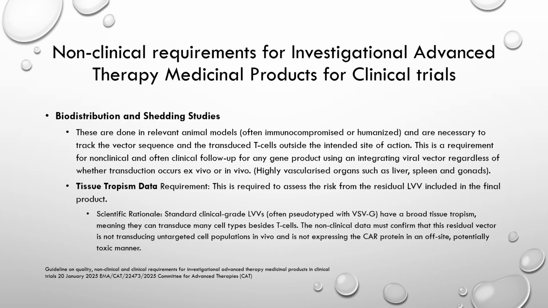The VSVG envelope means that they can infect any other organs, and you therefore need to design your transgene, building the quality into the product, such that it's only expressed in certain cellular environments, but it's not always possible.